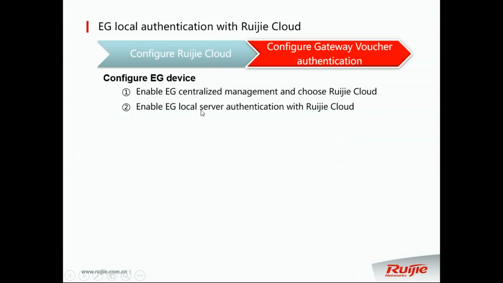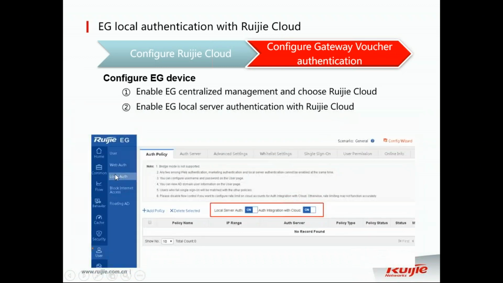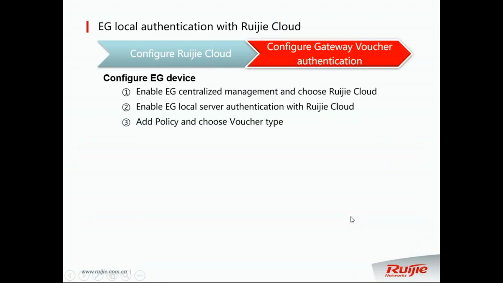And then second, enable EG local server authentication. Here, the users and then local authentication. Then the authentication policy. Here, there are two parts. The local server authentication is turned on, and the authentication integration with cloud is also turned on. These two parts are very important. Only if you do it can they synchronize.